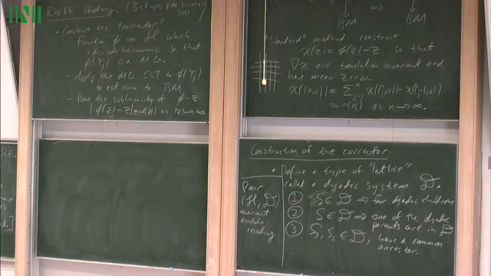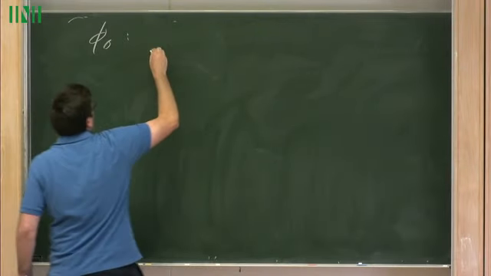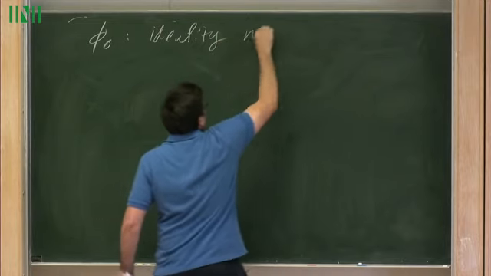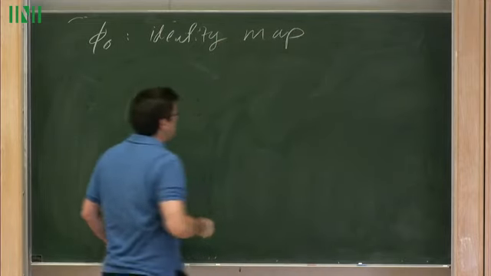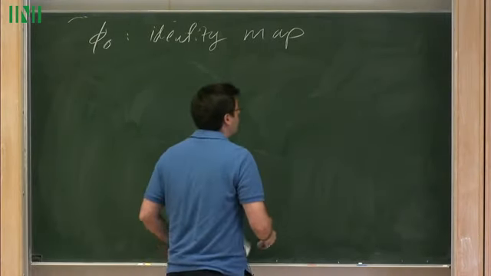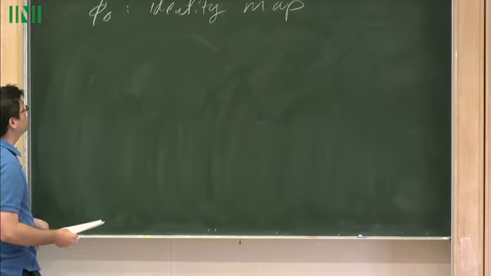So phi sub 0 is the identity map. Okay, so if you have a given cell, you just choose some vertex in the cell and map it to itself.